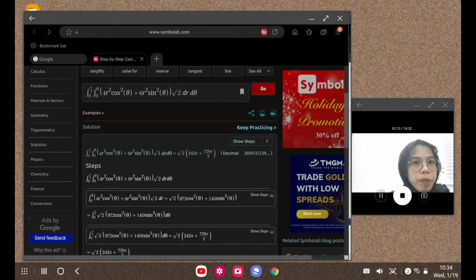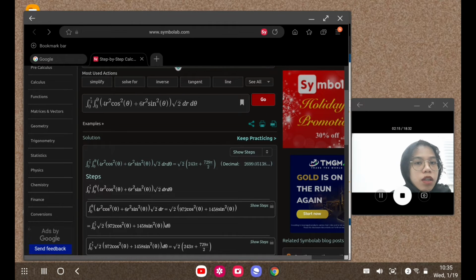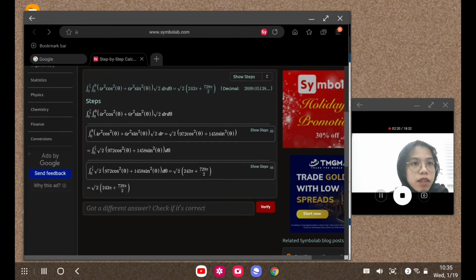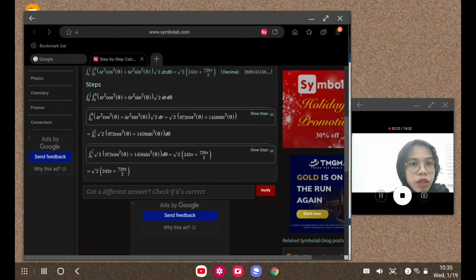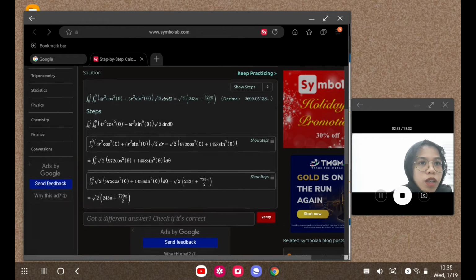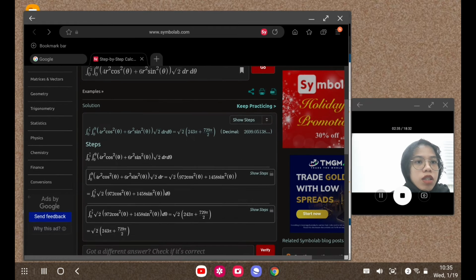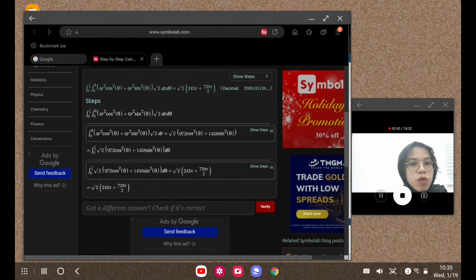So after I put the equation that we want, the question that we want, and then just go and you will find the answer, which is square root 243 pi plus 729 pi over 2. Okay, you can see the step by step, but it's actually a premium one, so I don't have a premium account. So the last one, you just can see the answer here.